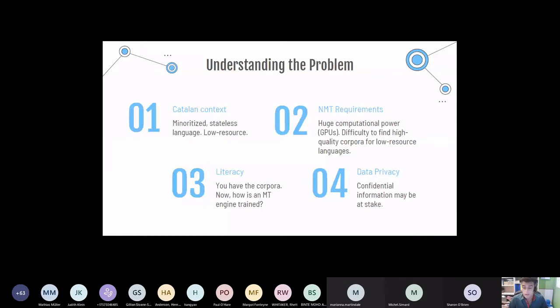That's also a really big problem currently, because it increases the difficulty of training and creating a machine translation engine that not everyone can do right now. And then the fourth problem is probably data privacy. With commercial MT platforms like Google Translate or DeepL, for example, confidential information of ours, of our clients, or even our own information may be at stake.